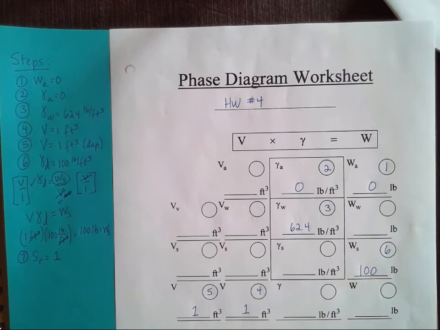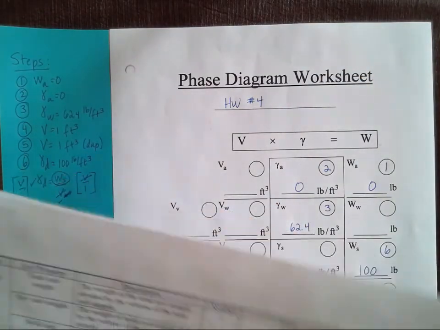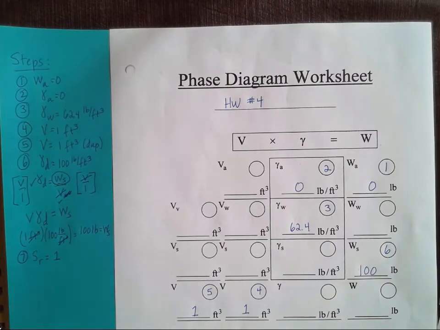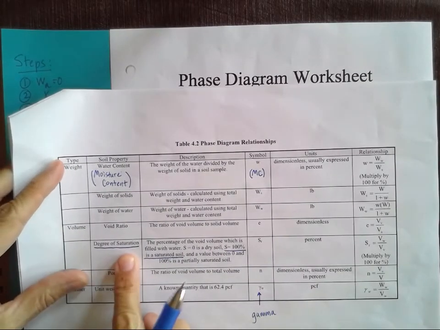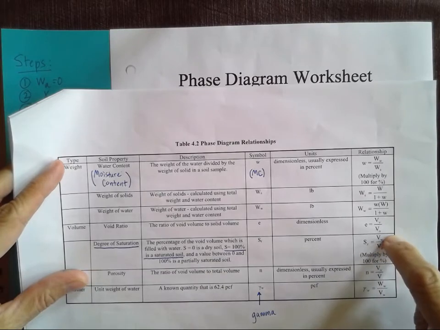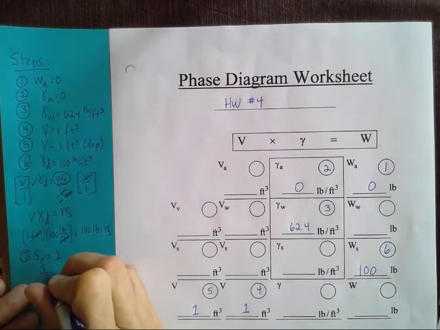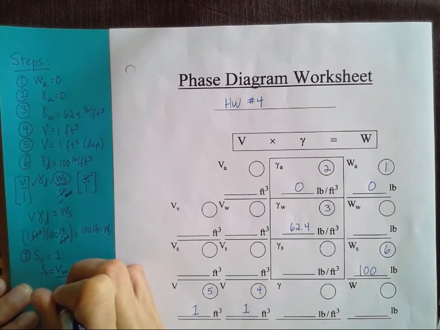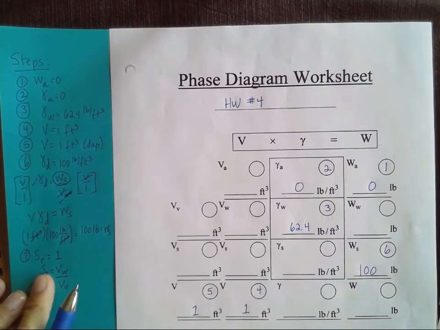And from my table, I remember that degree of saturation is equal to the volume of water over the volume of the voids. So I'll write that down here. SR equals VW over VV. If SR is equal to 1, that just means VW has to equal VV.